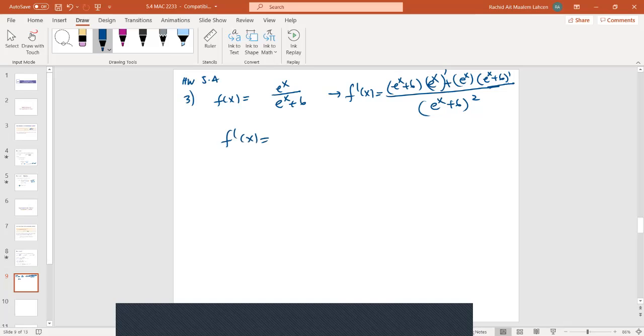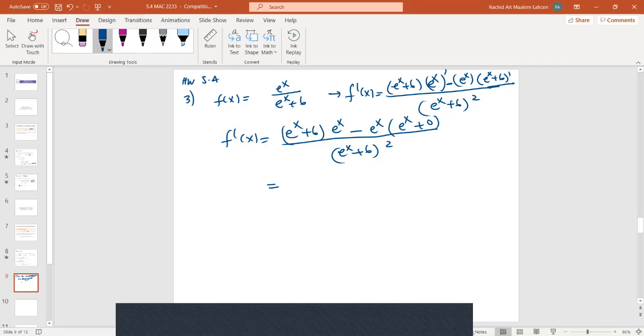So f prime of x: let's do one at a time. The derivative is just e^x, and this one is not plus, it's minus. The derivative of e^x is e^x. The derivative of 6 is 0. So the denominator is (e^x plus 6) squared.